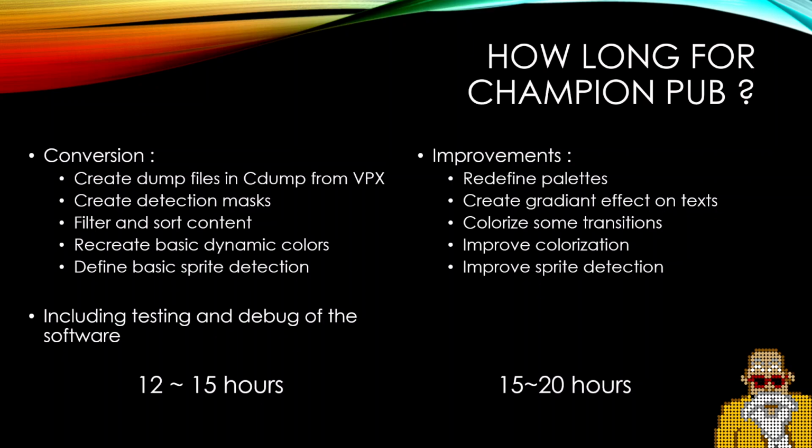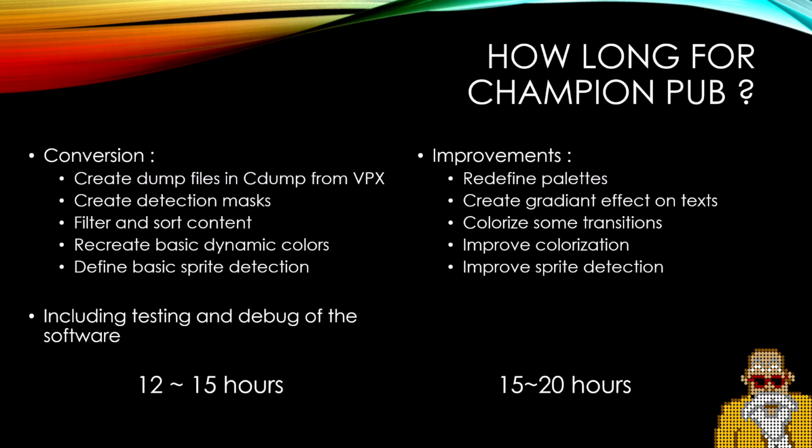What I mean is, at that time I had to recreate all the dump files myself manually from VPX. There was not the tool to convert your dump files, so I lost some time doing so.